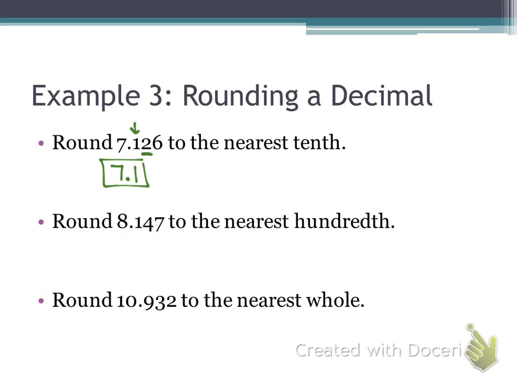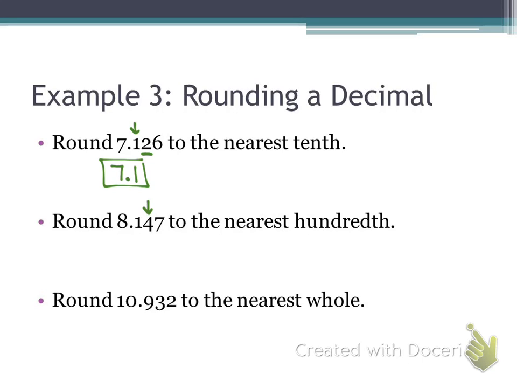Round 8 and 147 thousandths to the nearest hundredth. So which place is the hundredths place? First, second, or third? Hundredths? It's in the second. So now I'm looking at the 4. How do I know what to do with my 4? What do I need to do?